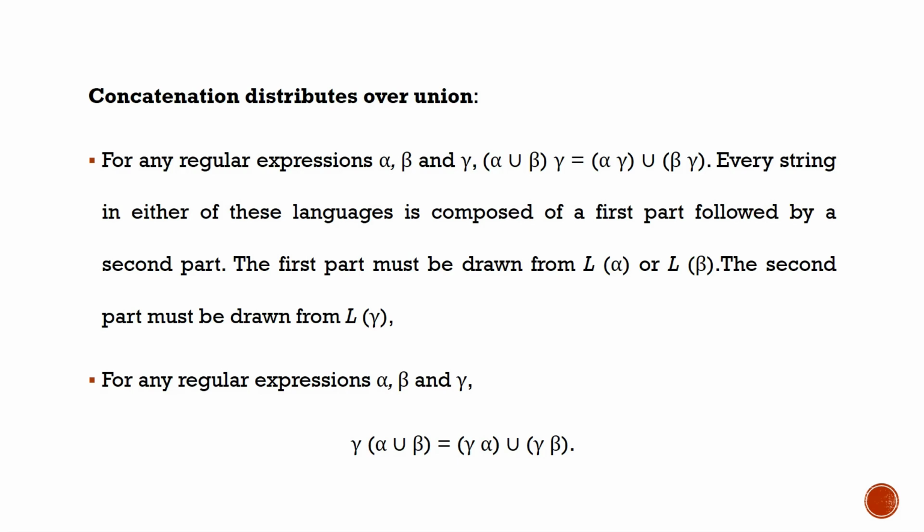Right? This law we call the distribution law, which can be written in the reverse way also. That is, gamma concatenated to the union of alpha and beta can be written as gamma alpha union gamma beta.